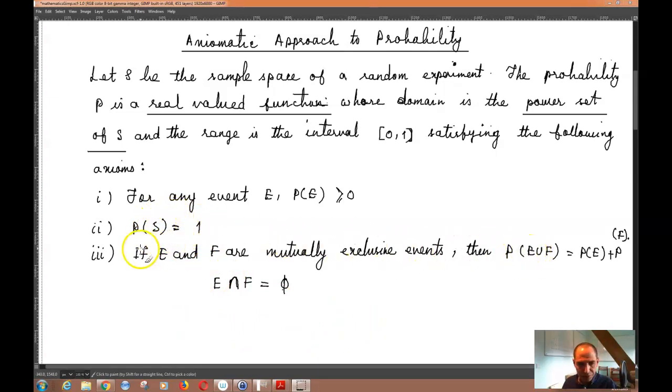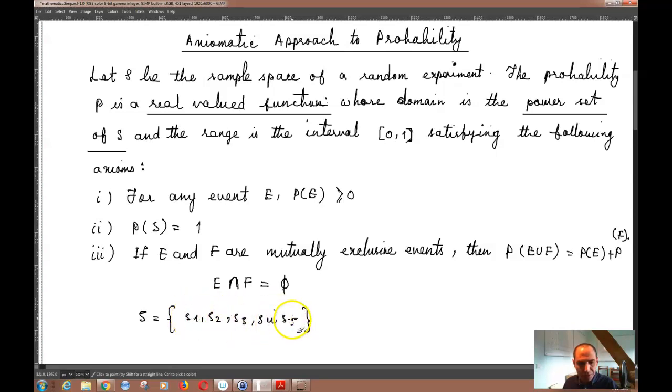And of course, as you can see, if E and F are mutually exclusive events, meaning that, for example, suppose your S has this sample space, meaning that you have S1, S2, S3, S4, and S5, for example.